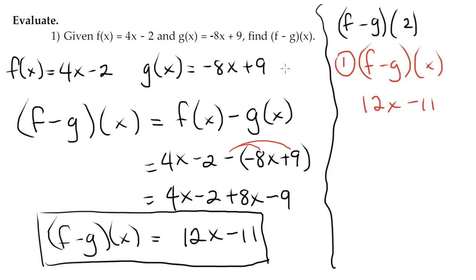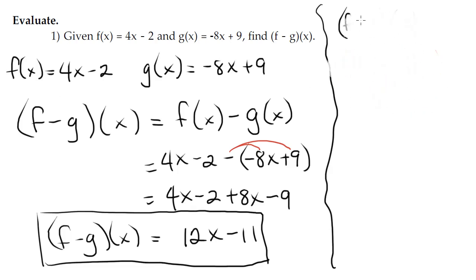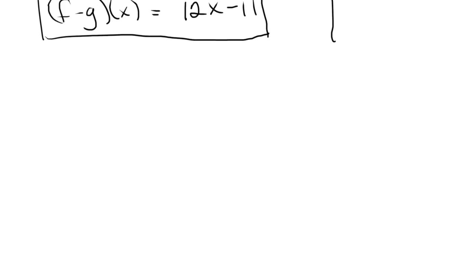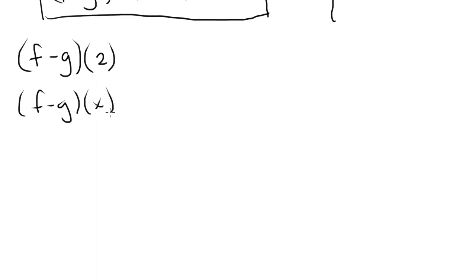Let me write that a little bit better. I think to give myself the space to do this, I'm going to move down a little bit. So let's say we were evaluating f minus g of 2. What you could do first is find f minus g of x, which we did.